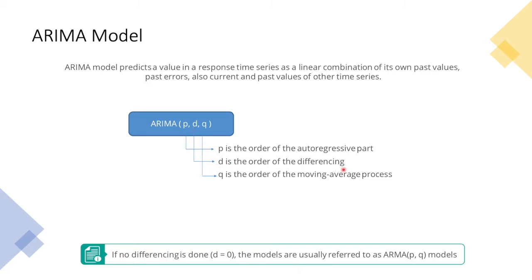D is the order of differencing. Basically, this model also takes care of the stationarity part. It automatically removes the non-stationarity from the time series data by passing in D, which is the order of the differencing.